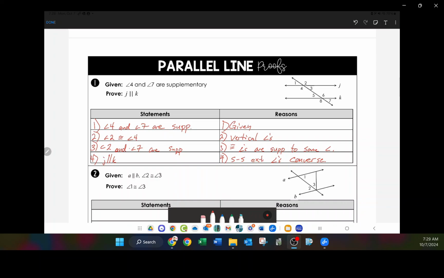Now again, we could have done this by saying angle 5 and 7 are congruent because they're vertical angles. And then 4 and 5 would be supplementary because congruent angles are supplementary to 7. So 4 and 5 are supplementary, that is the same side interior angle converse. So again, two different ways to solve this, kind of the same way, but we would be using two different sets of angles.